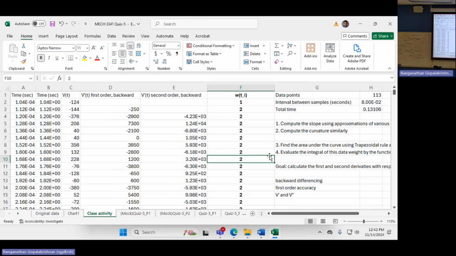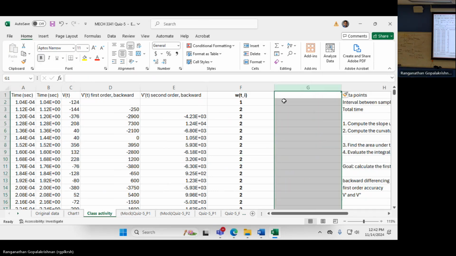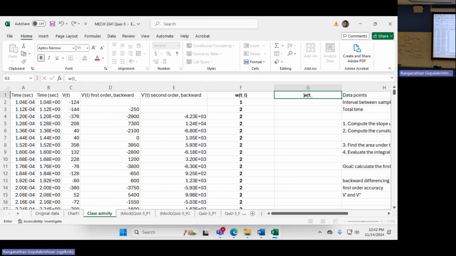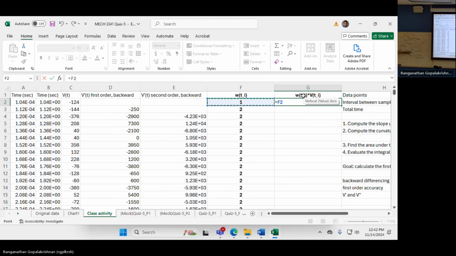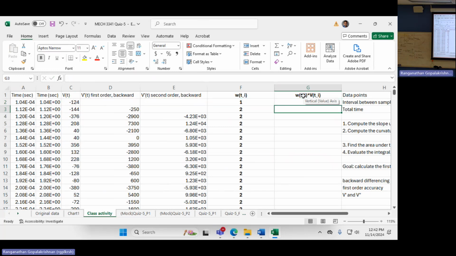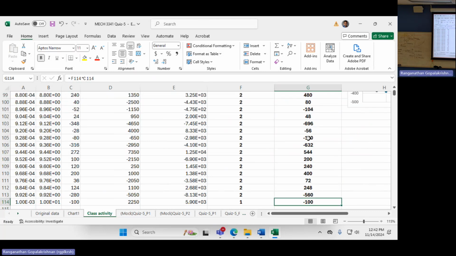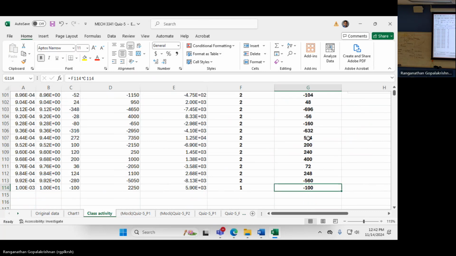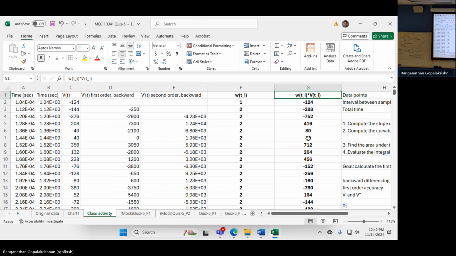And then the next step would be W of ti times V of ti. Multiply the function with the weightage, and I'm going to drag it all the way down.